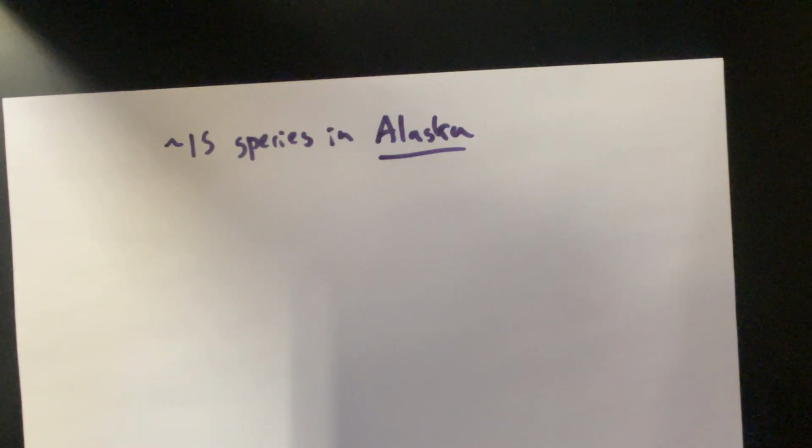So come up with 15 different species that all interact here in Alaska. We'll draw it out as a group, but if you want to start sketching it as a table, that's totally fine. I'll give you about 5 to 10 minutes. Ready, set, go. Write them down.